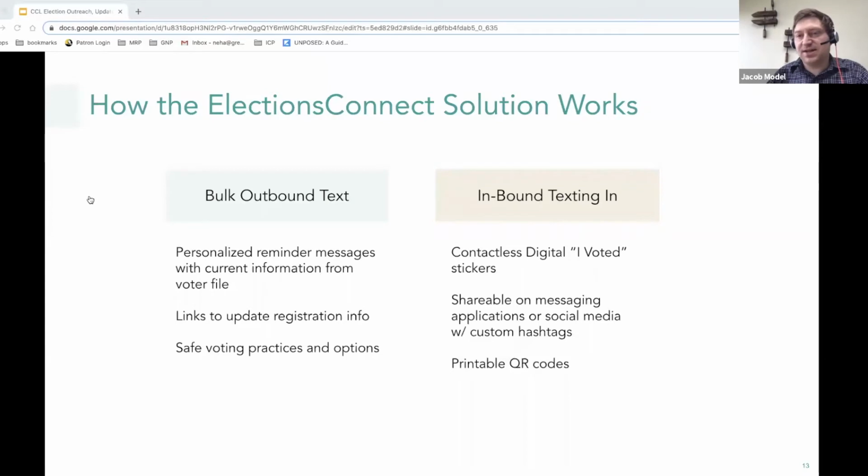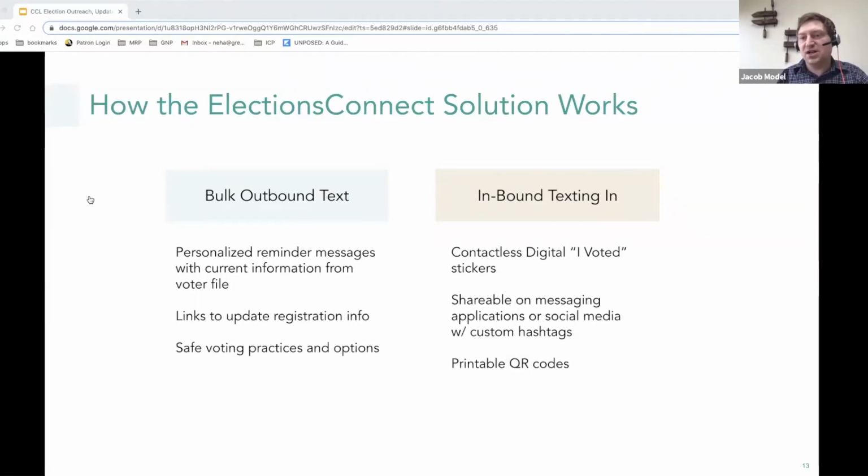But we also recognize that during a time of COVID, a digital option is really nice, and it's great to be able to offer that to people who may not have a desktop computer, or may not be on social media or what have you. So we've developed a text message way of building these personalized stickers, allowing you to share them through text messaging, through social media, through really however you want.